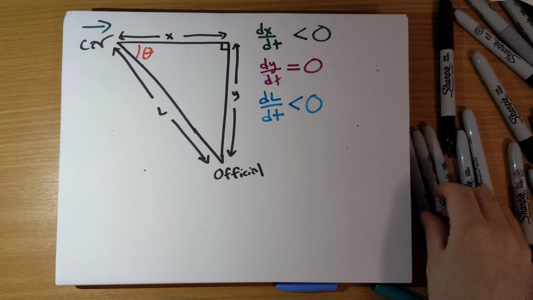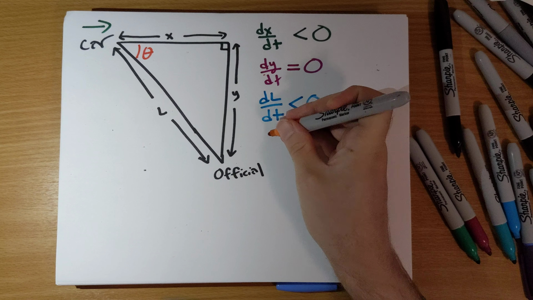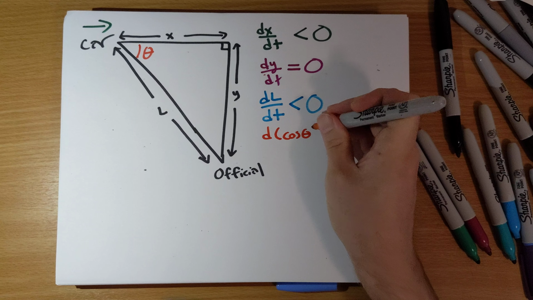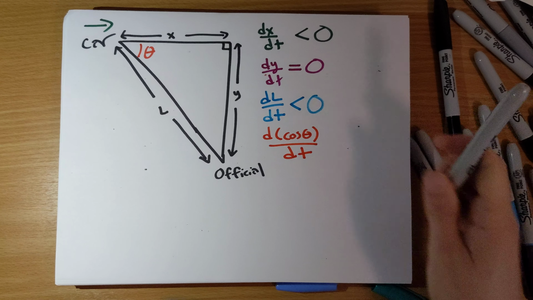Next up here is, what is the sign of the derivative of cosine of theta with respect to t.